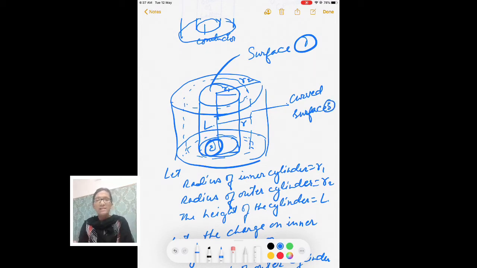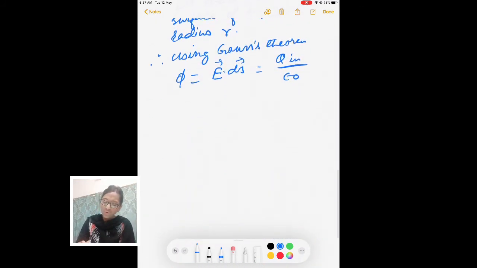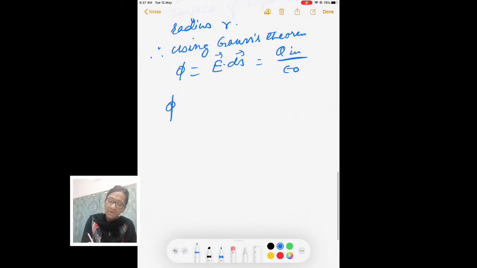And flux lines are going from all these three surfaces. So flux can be divided into the three parts, phi 1 plus phi 2 plus phi 3.